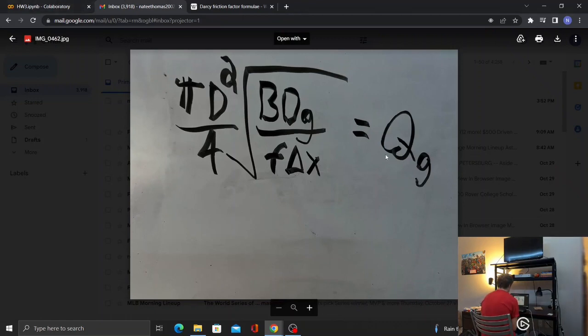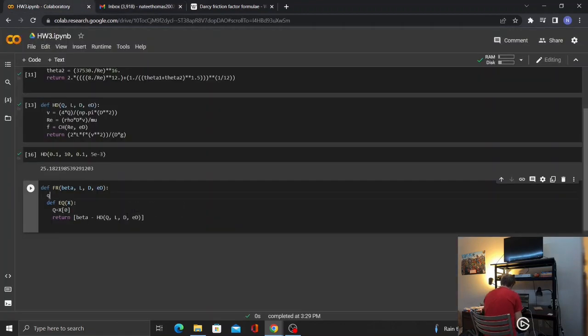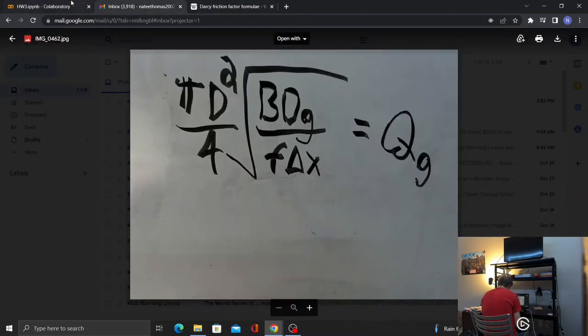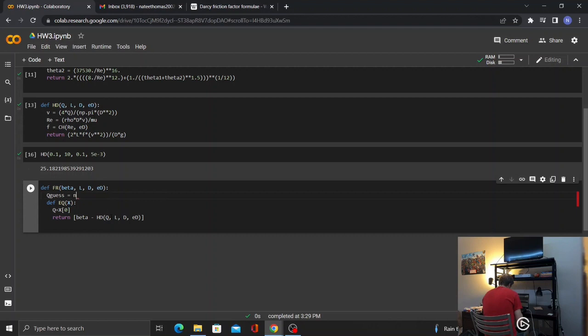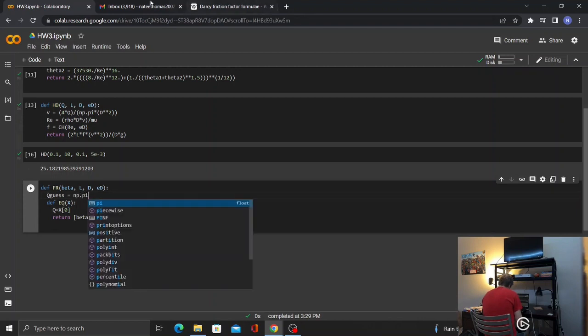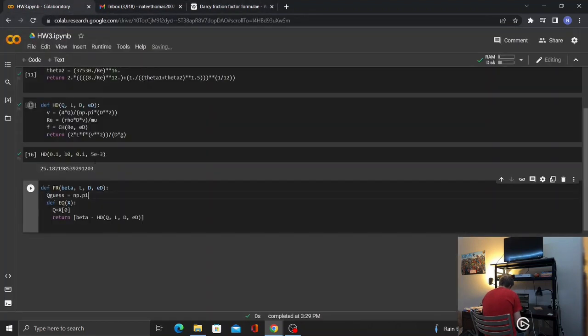So I'm first going to type in we're going to call this qguess. And so it'll be numpy pi times d squared over 4.